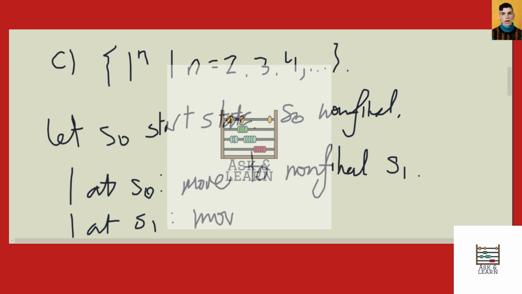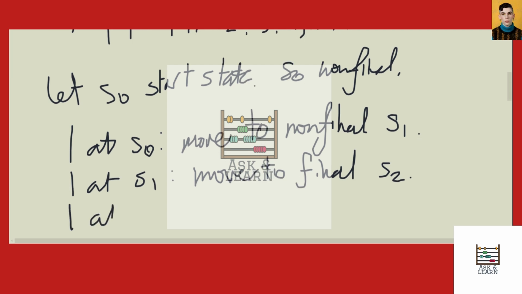And so we'll move to a final state, which we'll call S2, which was previously a different state in the deterministic model. And we see that if we have a 1 at S2, well, this string, which has at least 3 ones, should be recognized by the machine. And so we're going to remain at the final state S2.